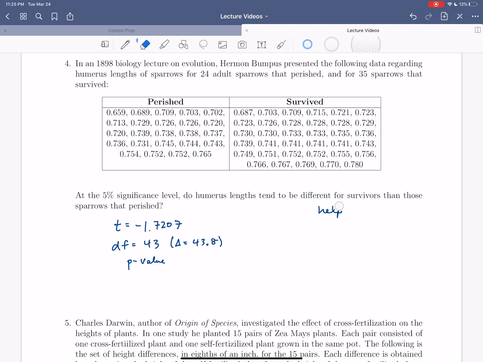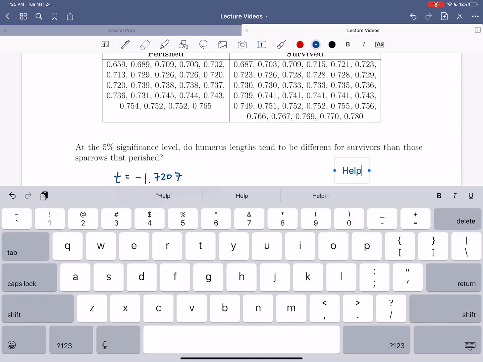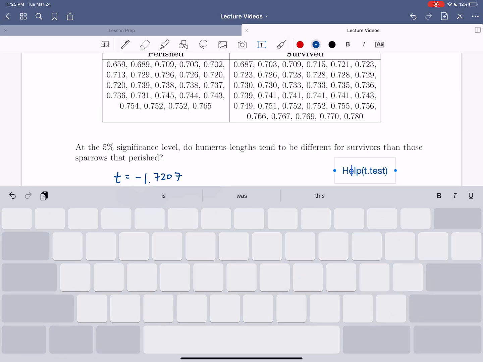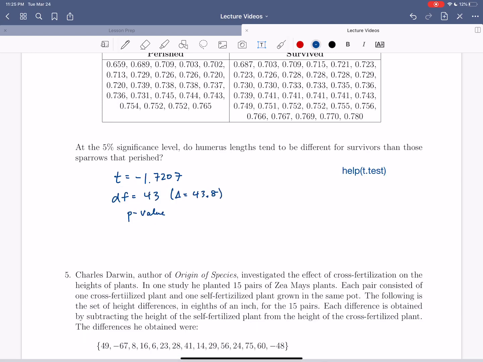Let me just write this a little bit more legibly. I don't know why my iPad is really into capitalizing. There should be a lowercase help. And that's it.